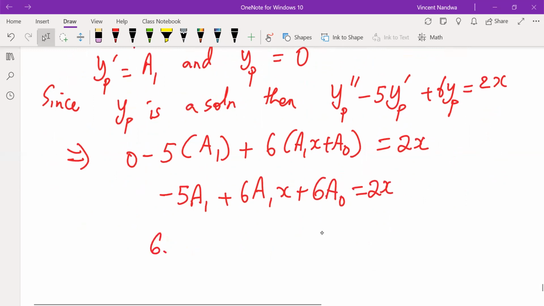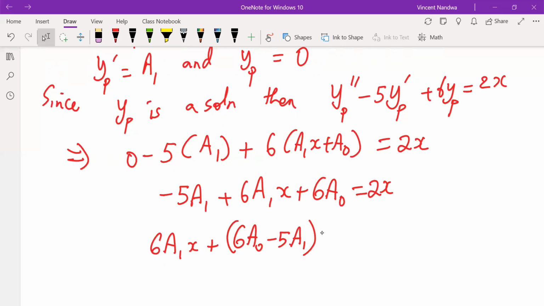So this is 6a1x plus 6 a naught minus 5a1, just rearranging so that we have constants together, equals 2x, and I can say plus 0, just a placeholder for the constant.